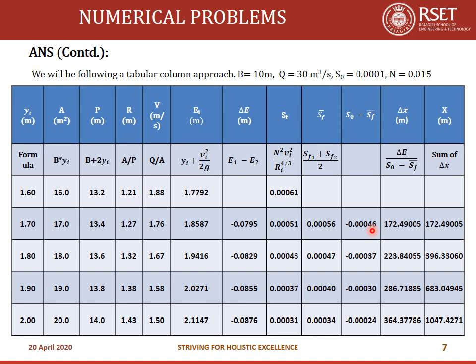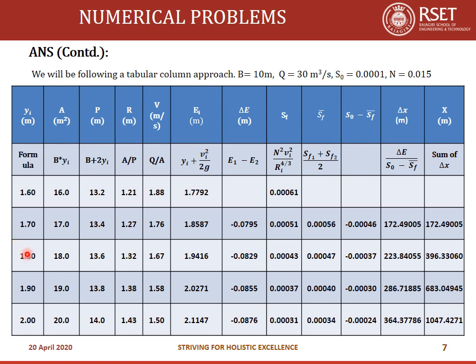Now delta E, which is this column, divided by S0 minus SF bar will give me the delta X between Y1 and Y2. So between 1.6 meter and 1.7 meter, the distance is 172.49005 meter.